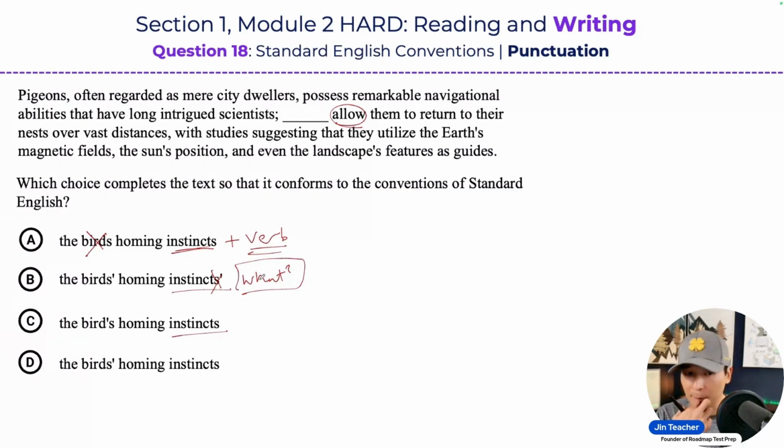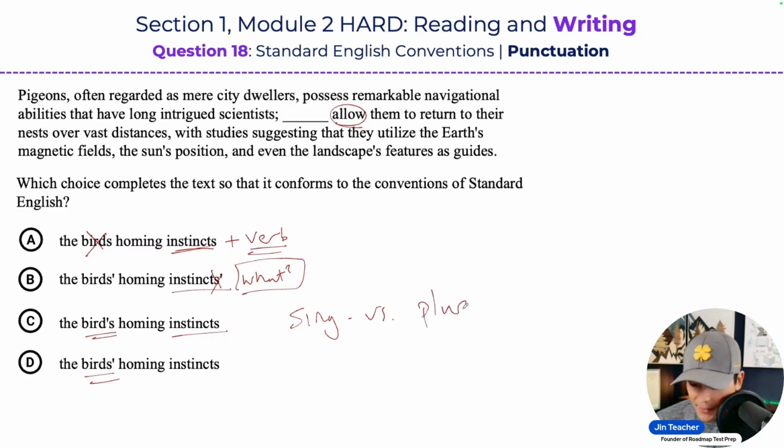So you know this can't be the correct answer. So we can eliminate answer choice B, because it incorrectly uses that apostrophe. Good. So now we're down to the remaining two answer choices. Now this is going to be the other thing that the SAT will test you on with apostrophes, whether or not you use the singular or the plural possessive.